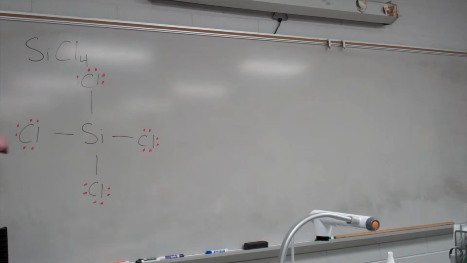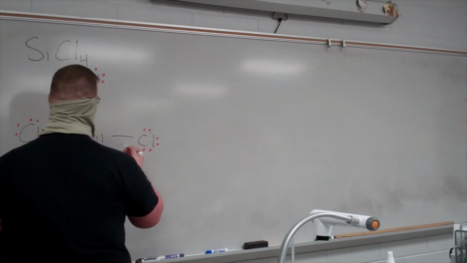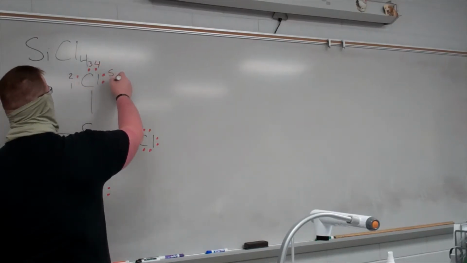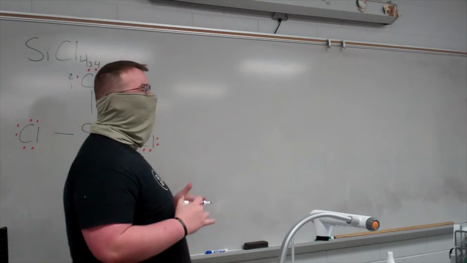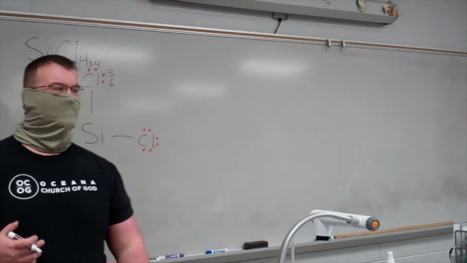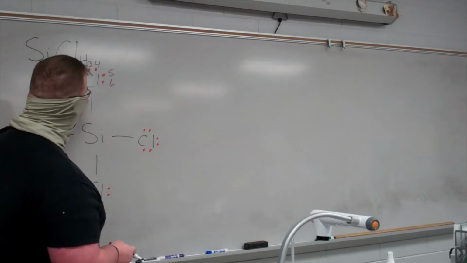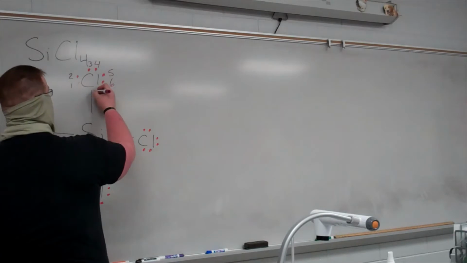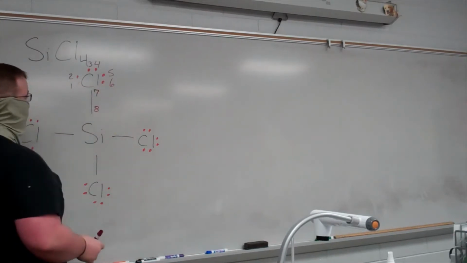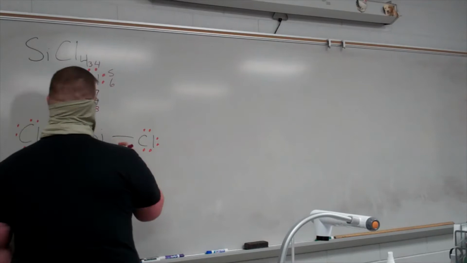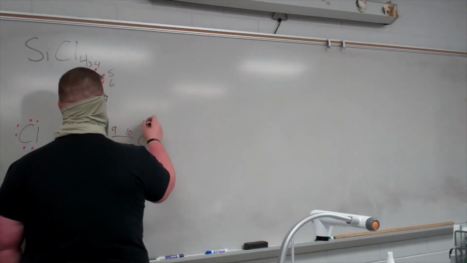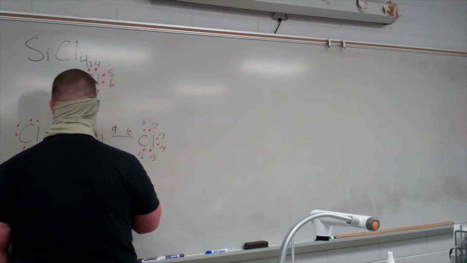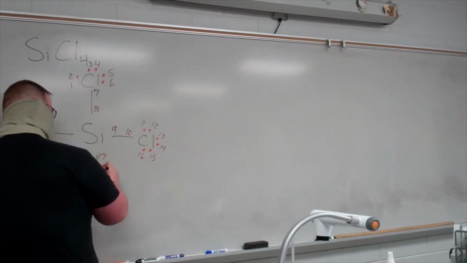I choose a starting point and I literally work all the way around it. So I'd like to start here. So I'd go 1, 2, 3, 4, 5, 6. That is not where I see students struggle. Where I see them struggling is, remember that the bonds count for 2 electrons. So this is 7, 8. Then I work down here, I go 9, 10, 11, 12, 13, 14, 15, 16, 17, 18.